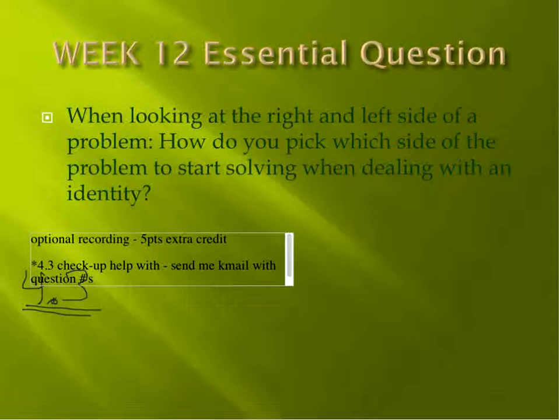So if you have any questions on the checkup that you don't understand, send me a K-mail with the question numbers. I'll need that by the end of today. So if you can look over 4.3 and say, oh my gosh, I'm really stuck on number 7, just let me know and then I can include number 7 in my recording for you guys. Sound good? Because we just didn't have time today to do 4.2 and 4.3.